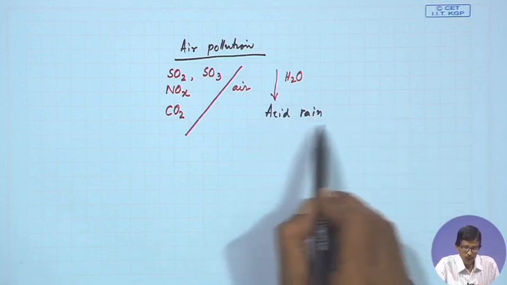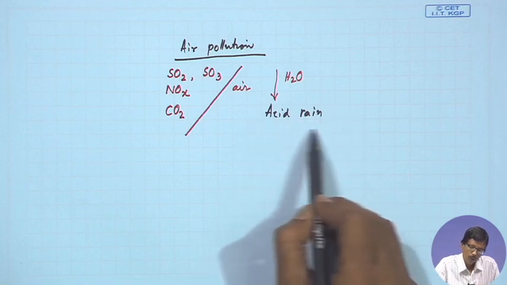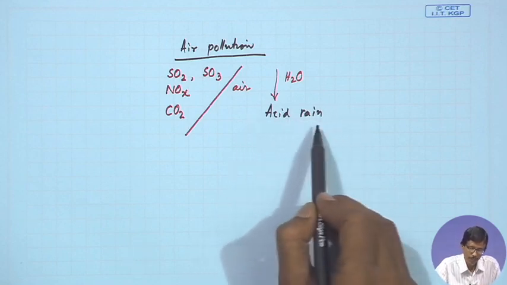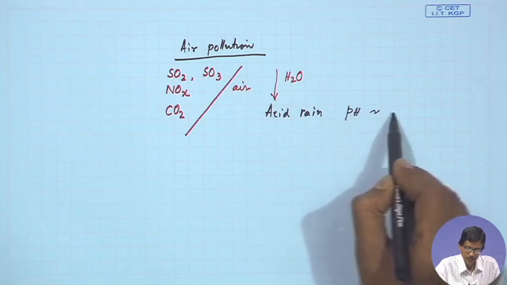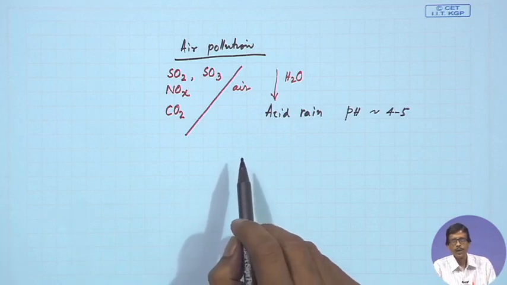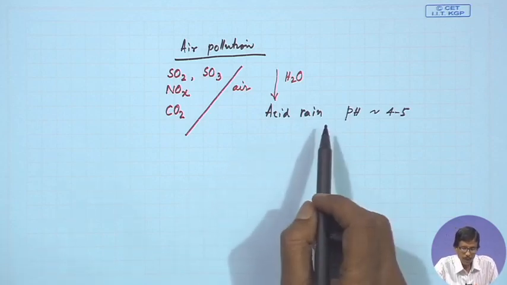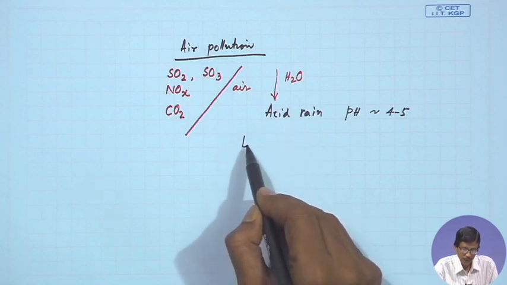So, the surface soil of our earth is getting polluted, or in the rainforest we get the typical acid rain, and the pH is definitely in the range of 4 to 5 for this acid rain in some cases. So, what happens to that acid rain in some lake?